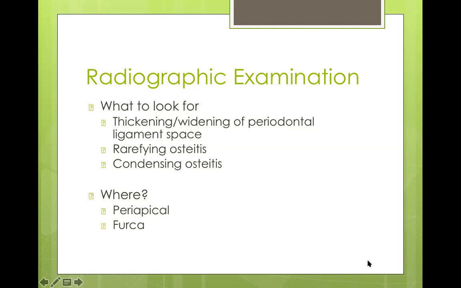Sometimes if the infection has been there long-standing and there's chronic inflammation, then you get condensing osteitis, which is pretty much radiopacity around the apices or the furcation of the teeth. And where you would notice these pulp changes are in the periapical region and in the furcation.